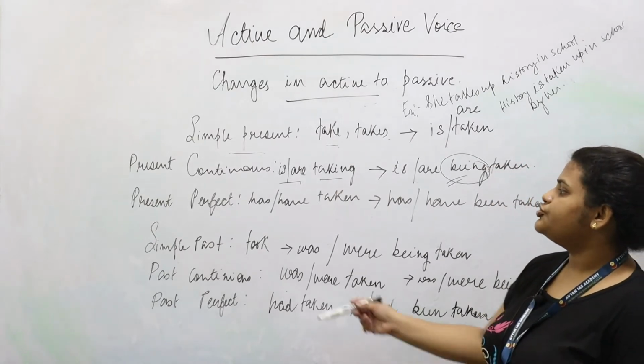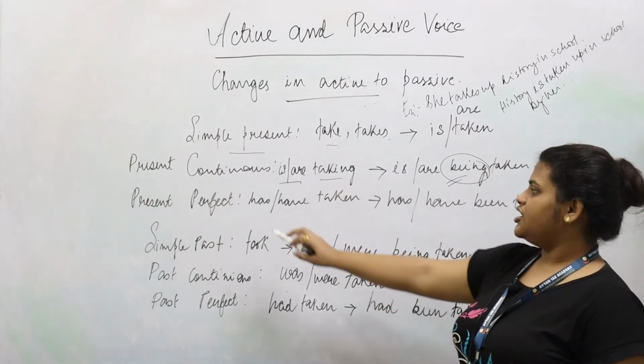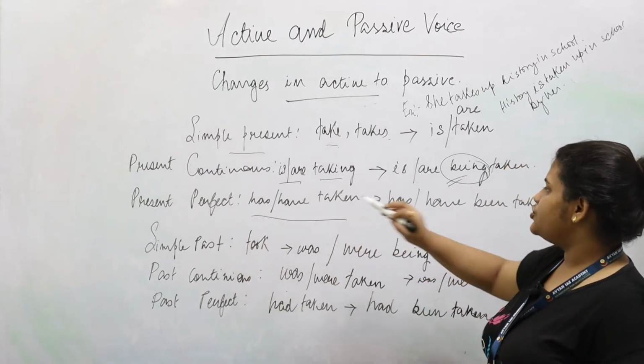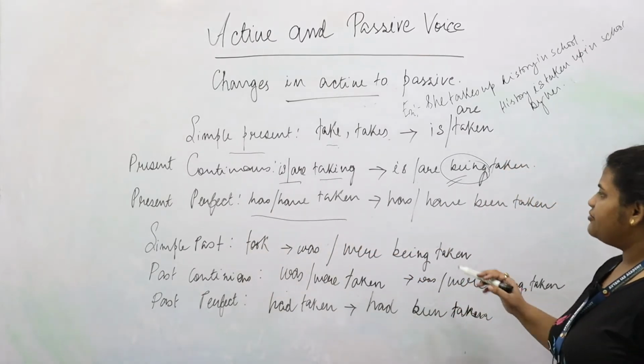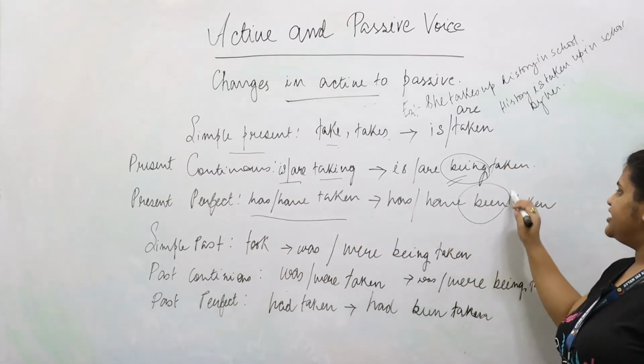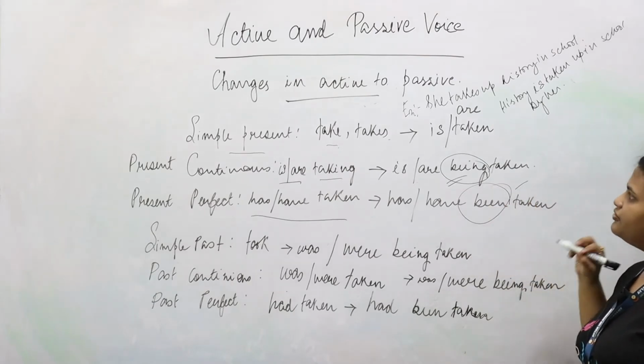However, now if we come to the present perfect tense and try to change has or have taken, this becomes has or have been taken. So being is an insertion for the perfect tense.